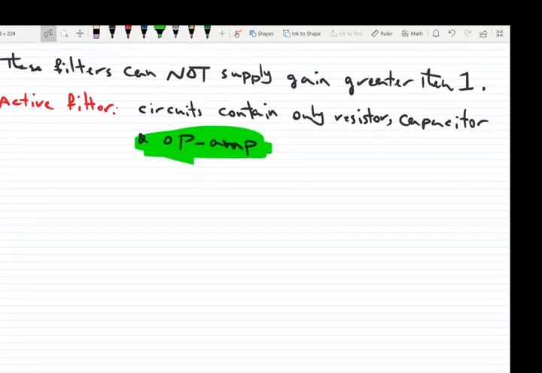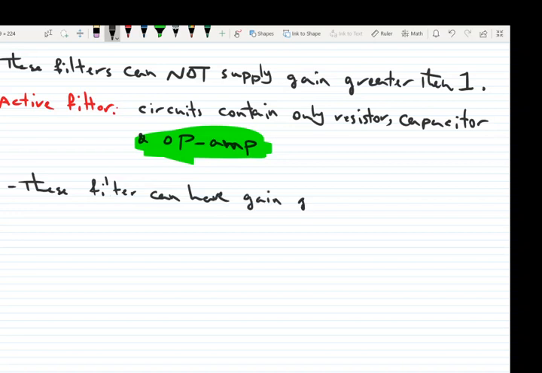So that is the reason we say these filters can have gain greater than 1, because they have an active device, which is an op amp. And we don't need an inductor.